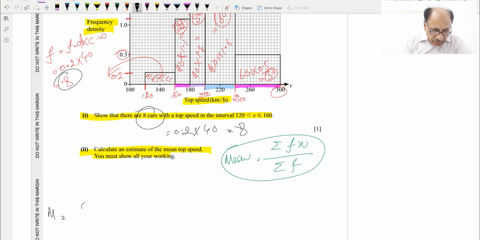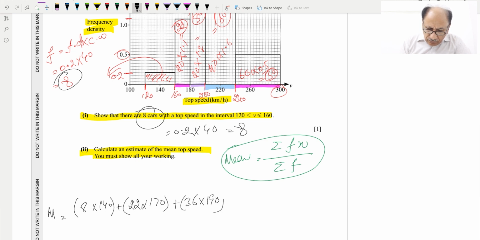So 8 multiplied by 140, which will be the middle of 120 and 160, plus next bar is 22 multiplied by middle, which will be 170, and plus next will be 36 multiplied by middle, which will be 190.